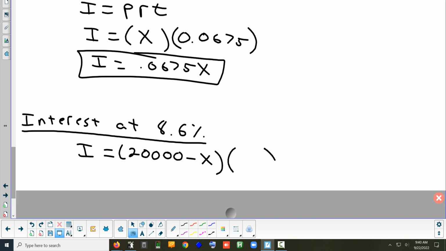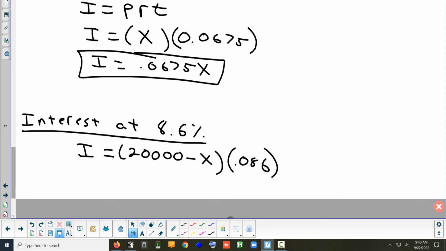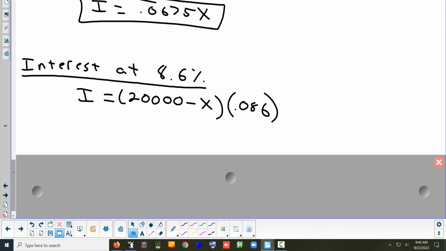What's the rate on this account? 0.086. And lastly, what's the time again? It's still 1 year, so I don't need to put times 1 at the end. What I do want to do, though, is distribute that out to simplify it.